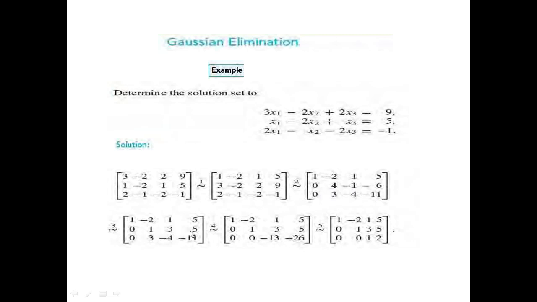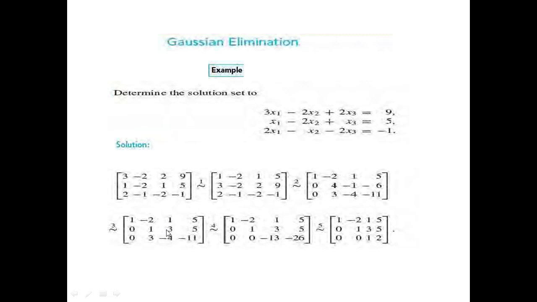0, 1, 3, 5. You see 0, 1, 3, 5, so it is the leading one on the second row. Now by using that leading one, we want to convert the entry below it to 0. So we multiply row number 2 by minus 3 and add it to row number 3.